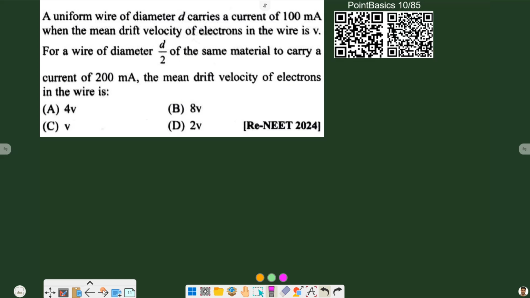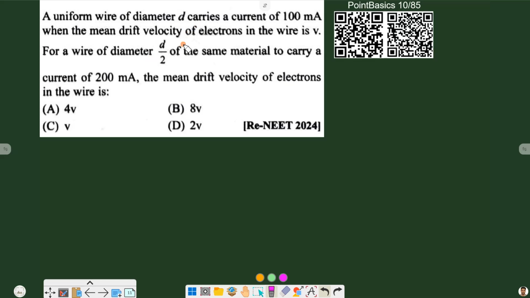Uniform wire of diameter d carries a current of 100 milliampere. The mean drift velocity of electron of wire is v. For the wire of diameter d by 2 of the same material to carry a current of 200 milliampere, mean drift velocity of the electron in the wire will be.